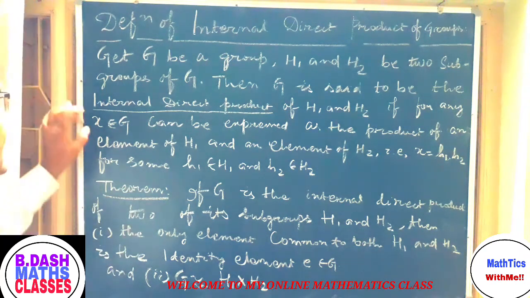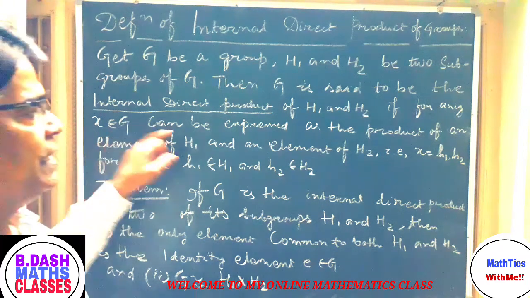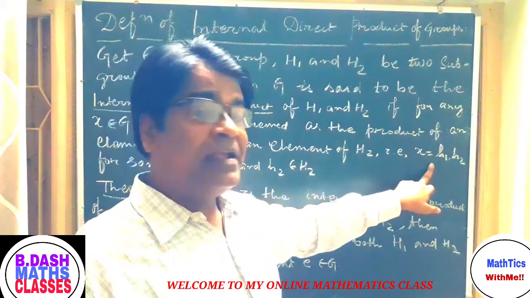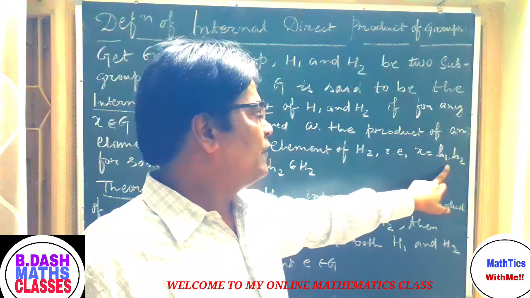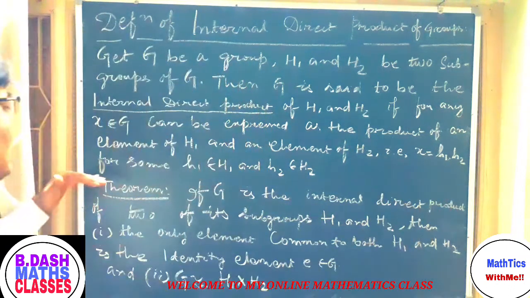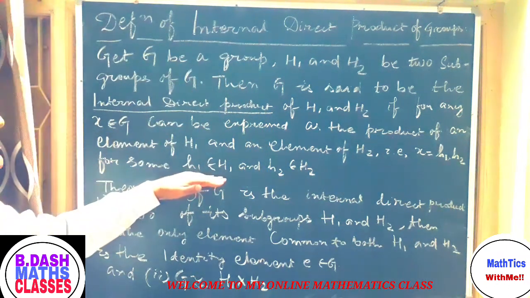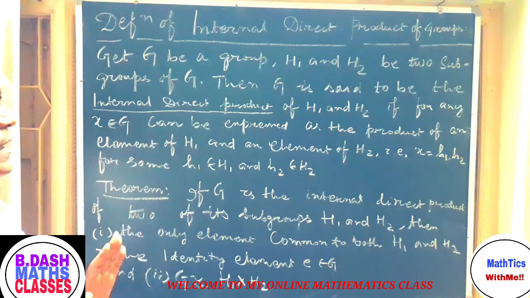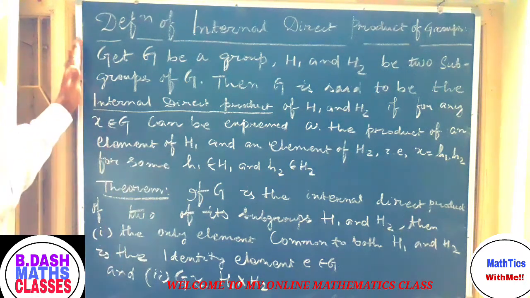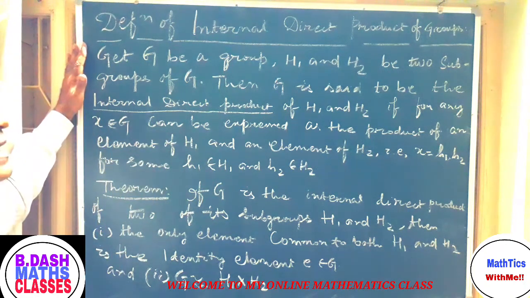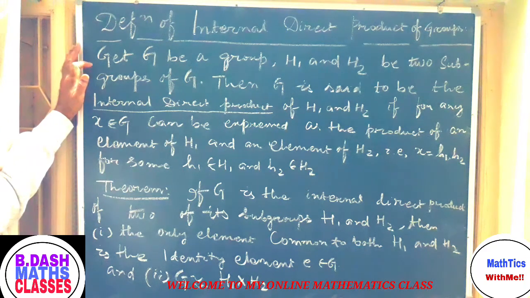That means x belongs to G can be expressed as x = h1 h2 for some h1 belongs to H1 and h2 belongs to H2. This is the definition of internal direct product of groups.